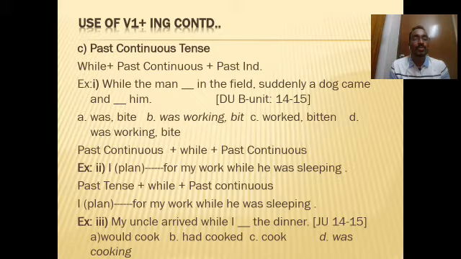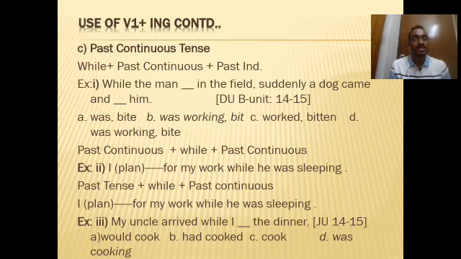So what is the example? While the man dashed in the field, suddenly a dog came and dashed him. This came in the Dhaka University admission test. Here, after while the subject is there, so we should use the past continuous tense.